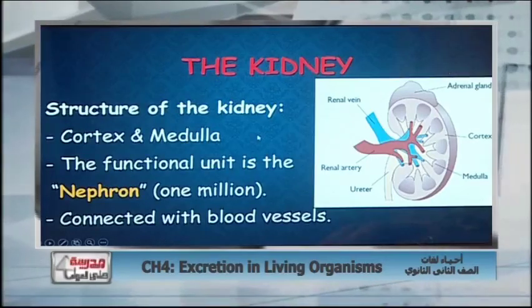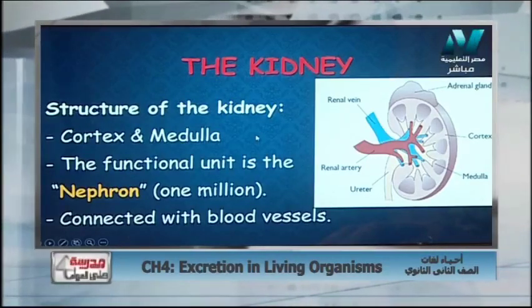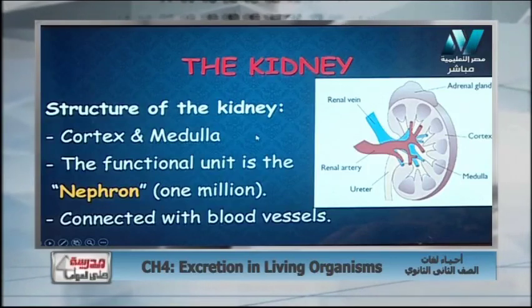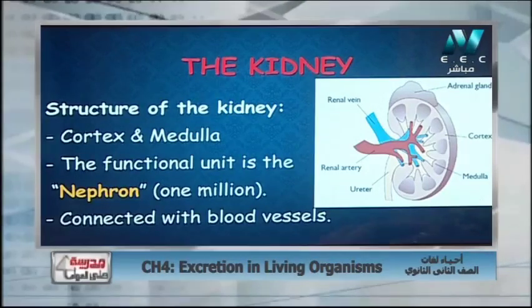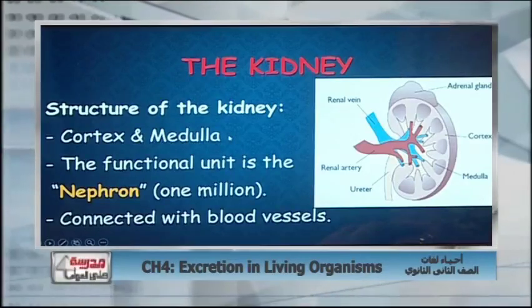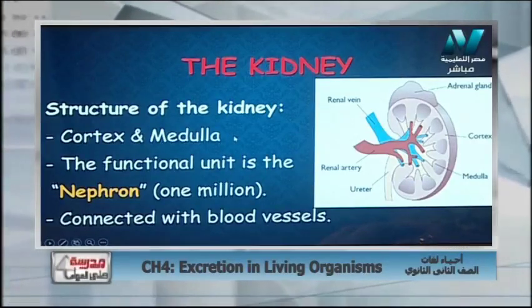And this is why we sometimes say that a person can live with one kidney and not two, because the other one will enlarge and carry out the function of the two kidneys.